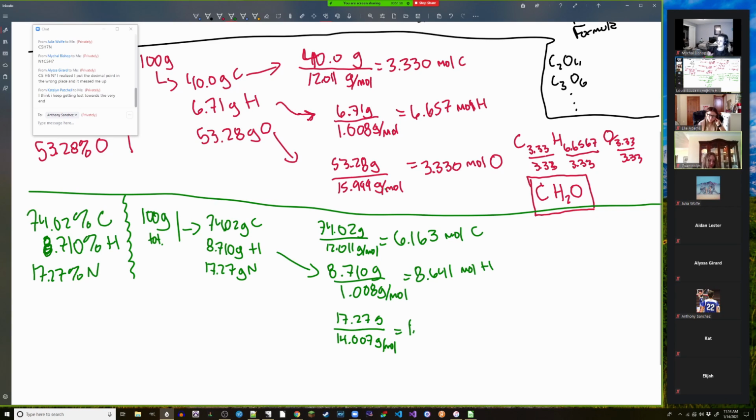1.233, really? Then we do a little formula. And we divide by the smallest one of these three numbers here, which is the 1.233.